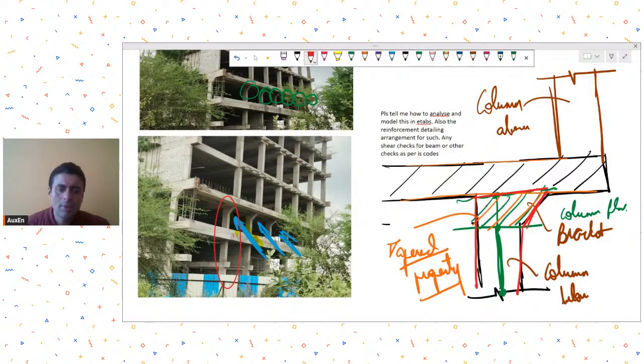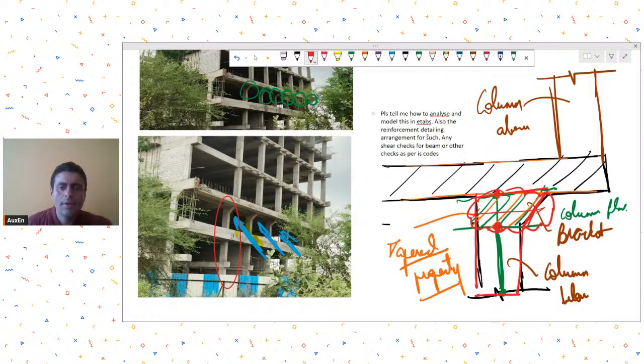So that is the number two option. Number one option was adding a node in this region and then modeling it as a tapered property. Second is that you can model it as an RCC wall, and in that wall modeling, you can have this portion modeled wider.